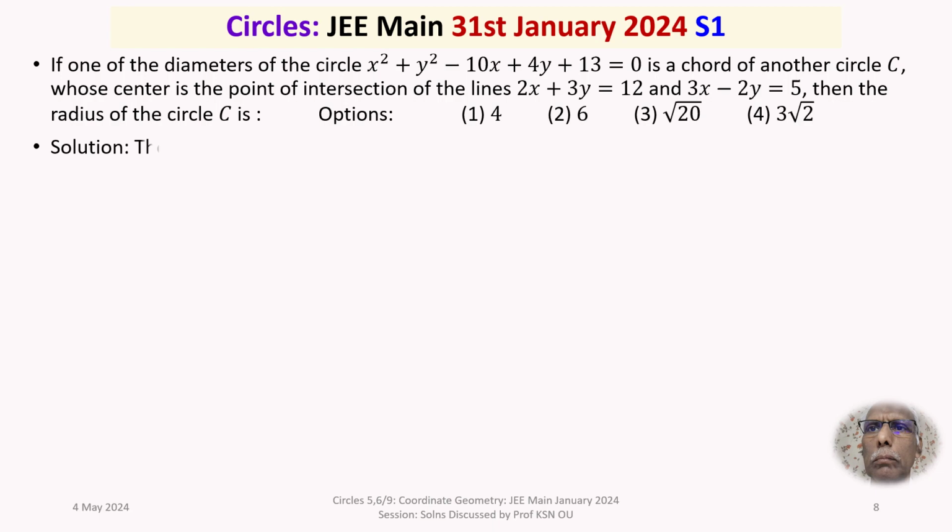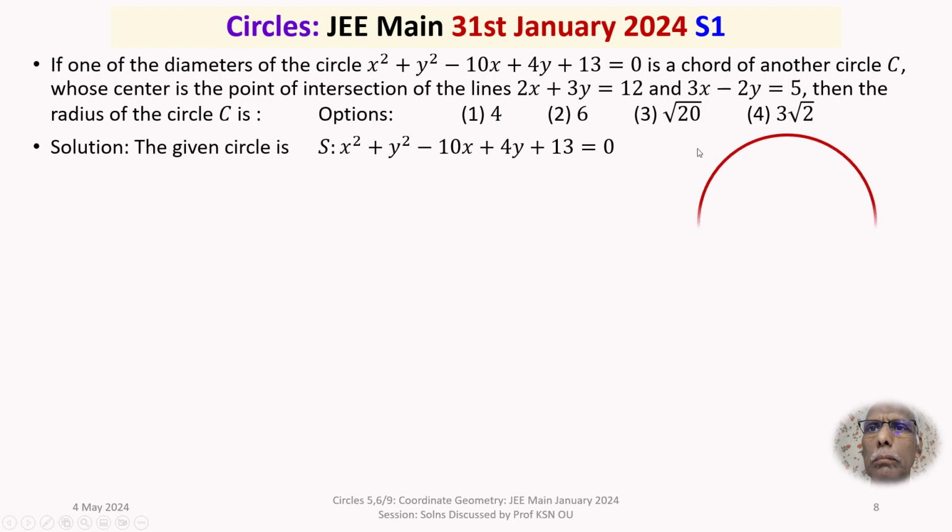Right. The given circle, let us denote it by S. Its equation is x square plus y square minus 10x plus 4y plus 13 is equal to 0. So here is your circle S. Now let's write this as x minus alpha whole square plus y minus beta whole square is equal to r square. Then we will be able to write its center and radius.